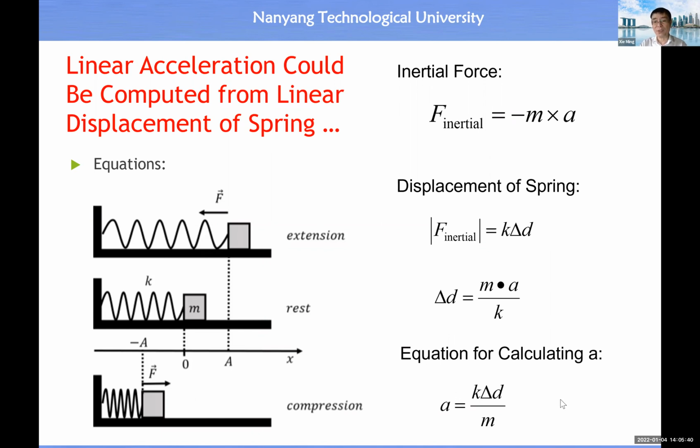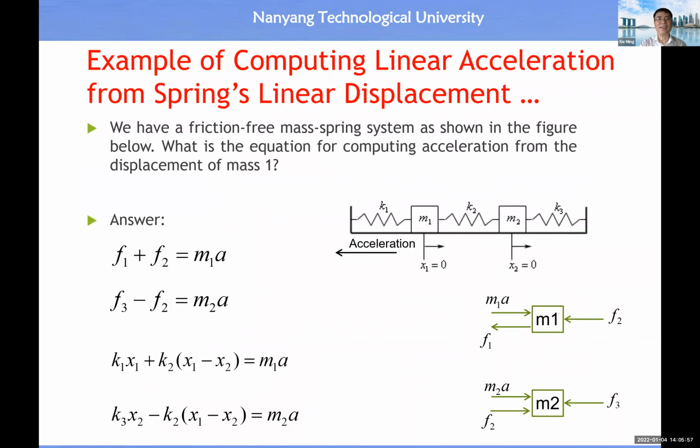Then what should be the equation for us to calculate acceleration a? So that means both sides divided by m, shift the k towards the left hand side, then you swap the equality, then you have this equation done already. All right, so it's quite straightforward. All right, then here is a slightly more complicated example which makes use of knowledge about the spring's displacement in order to calculate acceleration.